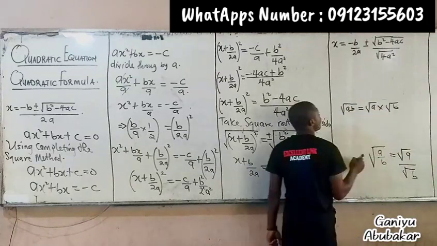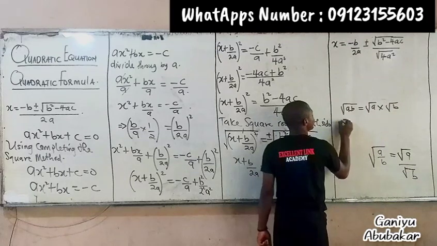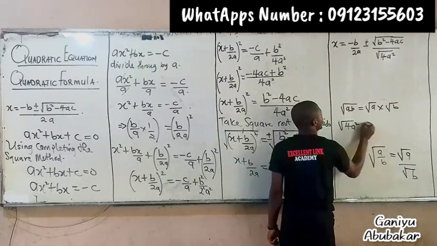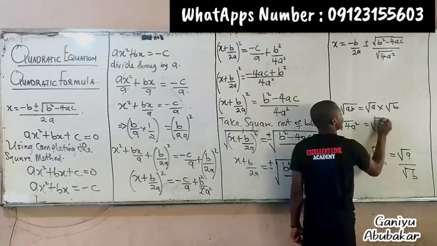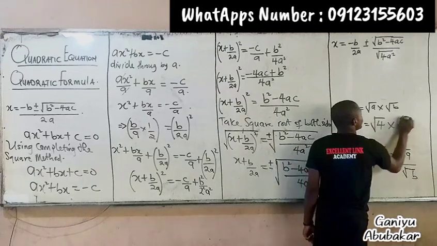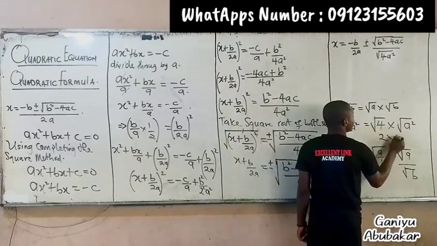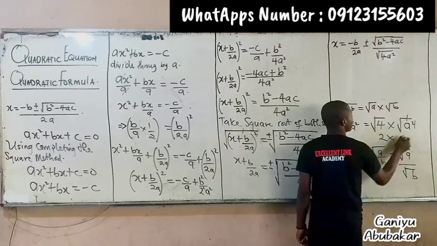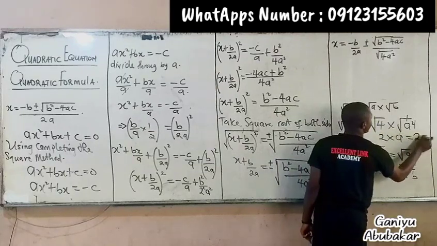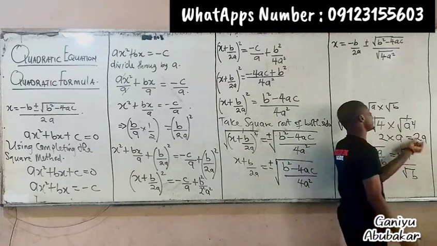If I have root 4a squared, it can be written as root 4 times root a squared. Root 4 is 2, and this cancels out, that was just a. My answer becomes 2a. So I'll put 2a here.